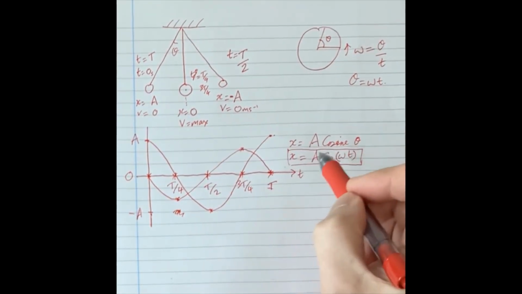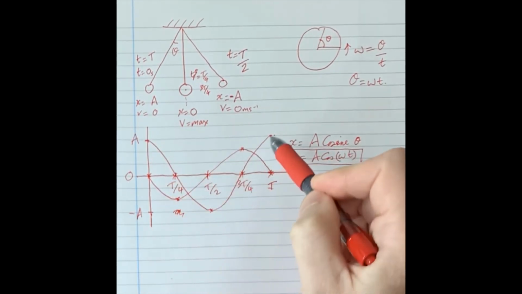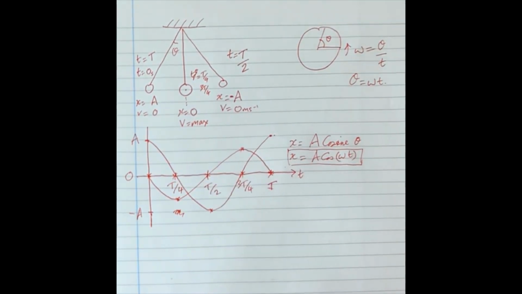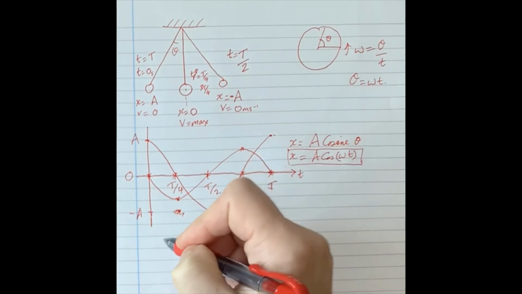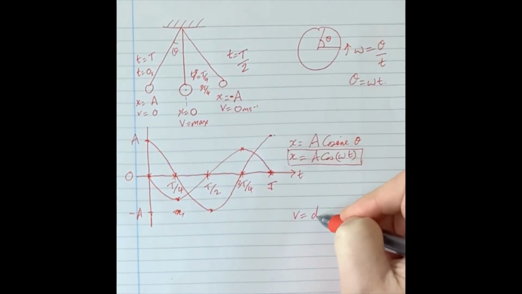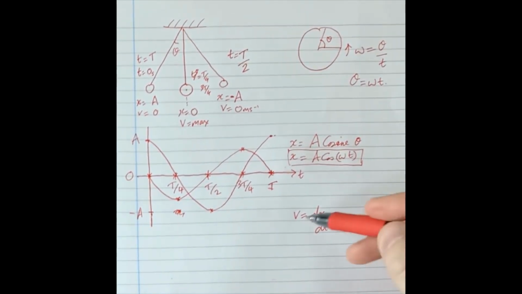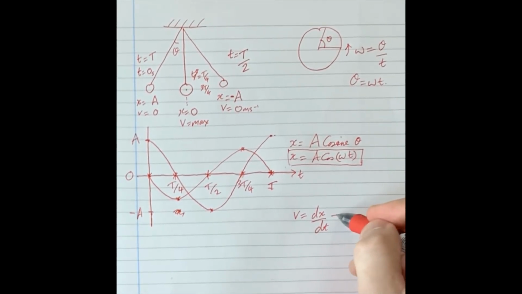Okay, now we can get to this shape by differentiating this function, and this is because velocity is equal to dx by dt. So if we differentiate position with respect to time, we're going to get the velocity.